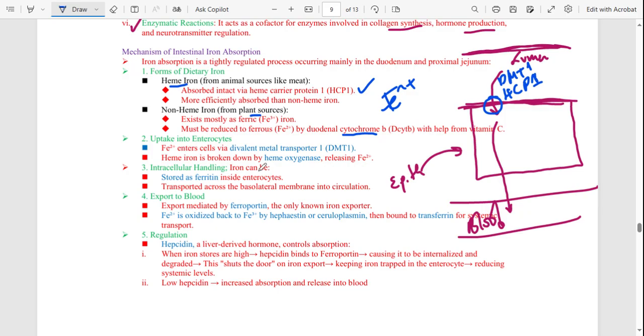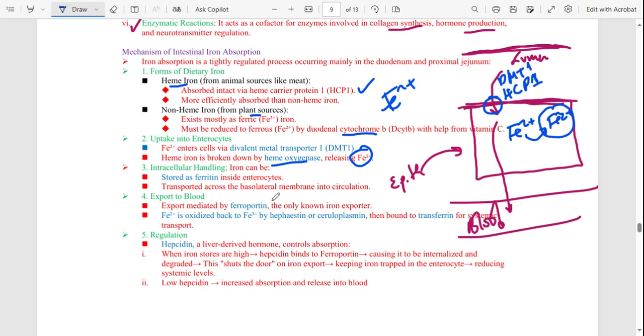Once you absorb it, it's going to be broken down by this enzyme, heme oxygenase, and then you release the iron. Besides that, some of the iron that has entered the cell is going to be stored, so it's converted into what we call ferritin. That's the storage form. So the iron is stored as ferritin inside the enterocytes.